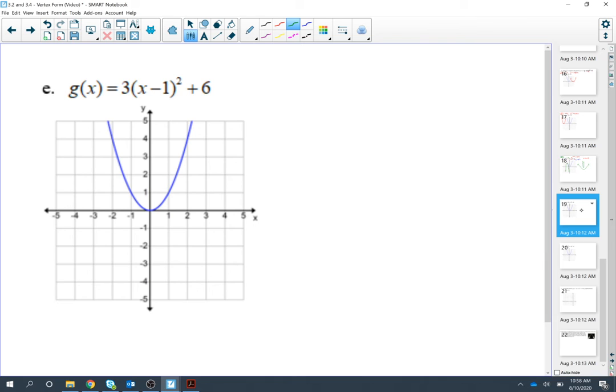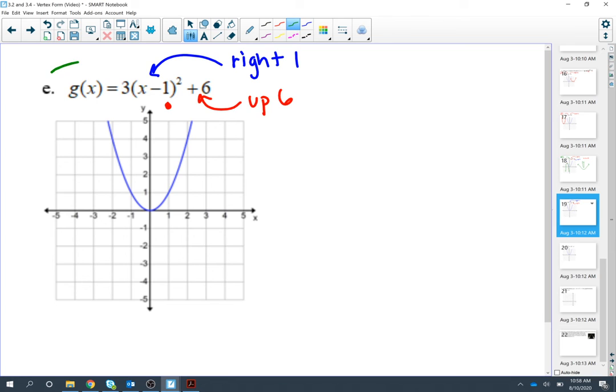3 times (x minus 1) squared plus 6. So minus 1, we're going to move to the right 1. Plus 6, up 6. So I'm going to move right 1, up 6. Oh wow, this one's not even going to fit.